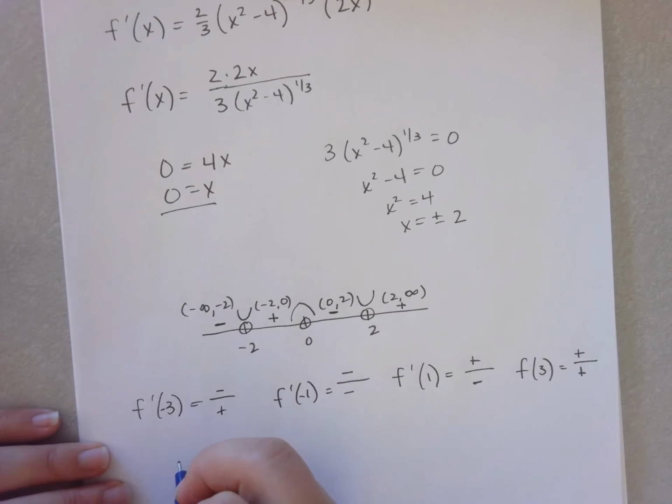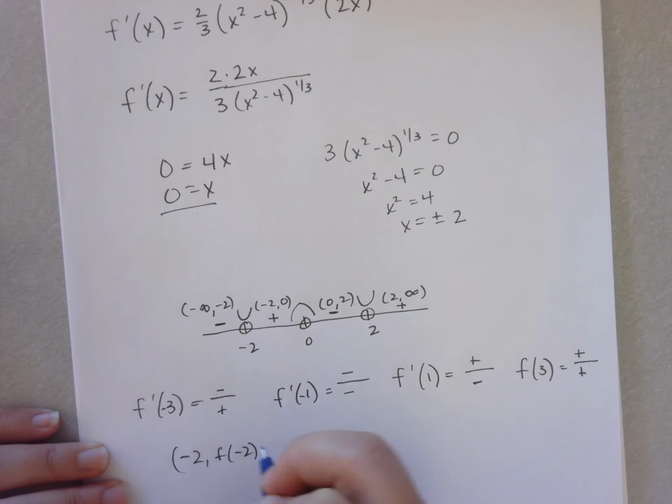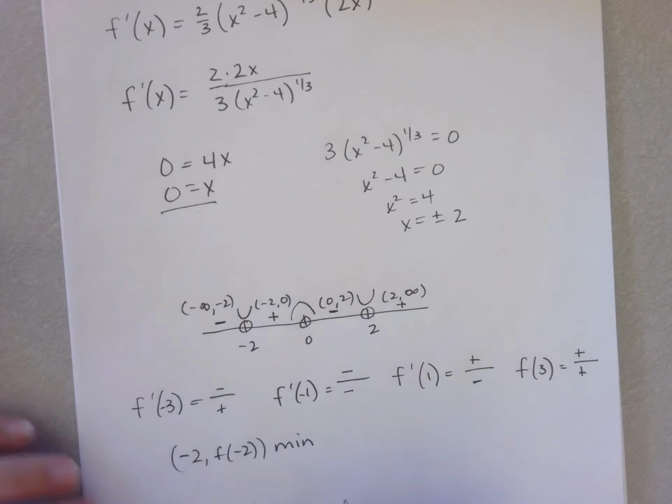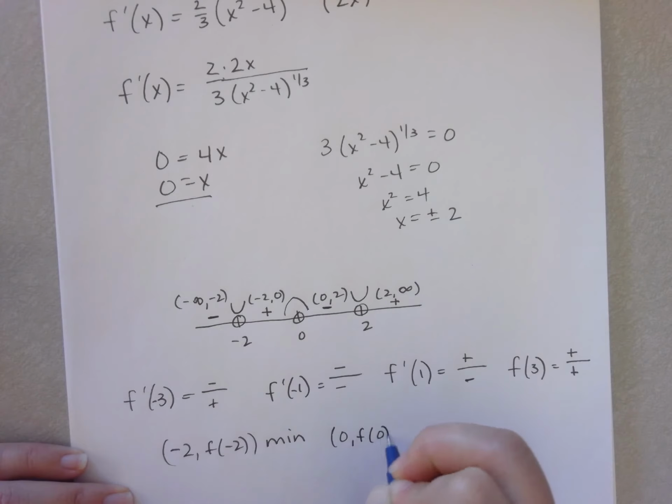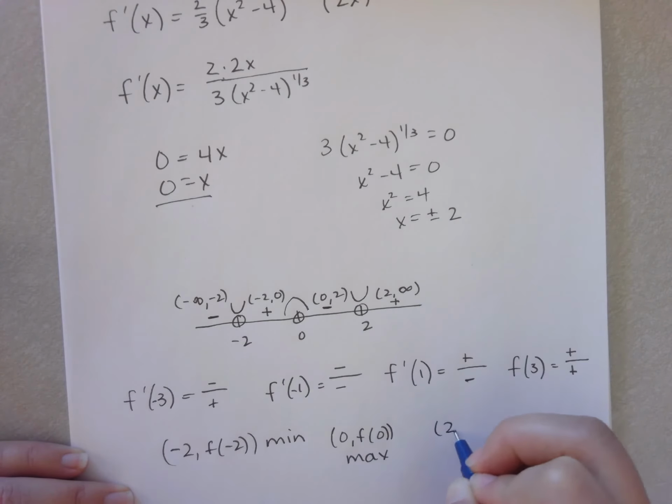So I find that at negative 2, f of negative 2 is a minimum. I find that at 0, f of 0 is a max. And I find that also at 2, f of 2 is a minimum. Okay?